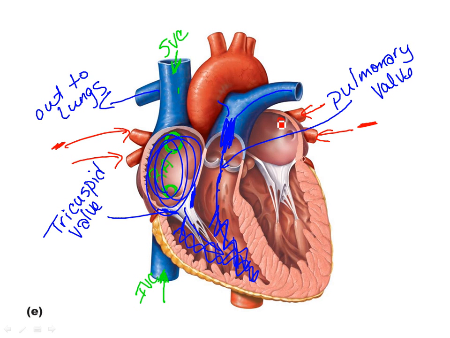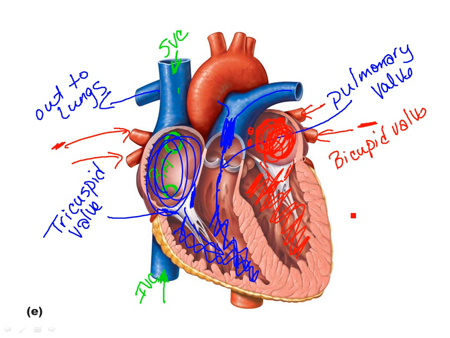Oxygenated blood then empties, you've got two more holes over here, empties into the left atrium. And that left atrium fills, it pushes against this valve, which is your bicuspid valve. Your bicuspid valve then opens and allows the left ventricle to fill. Once that left ventricle fills, it pushes against this valve, which is your aortic valve.